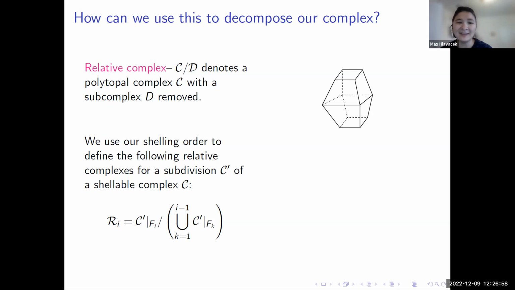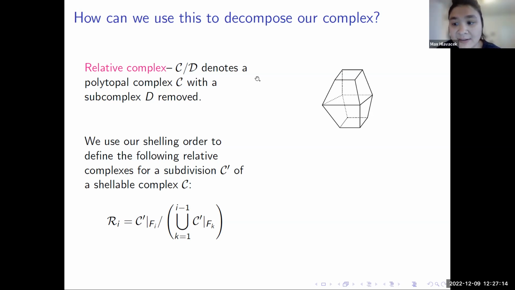So a relative complex is not a complex in and of itself, because a complex is a collection of polytopes that satisfies some specific properties, but we can still talk about it. We can still compute things with it.